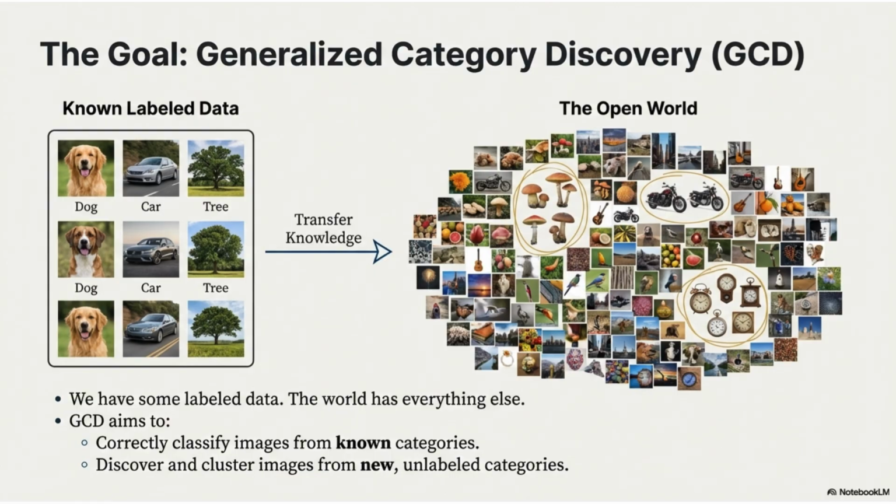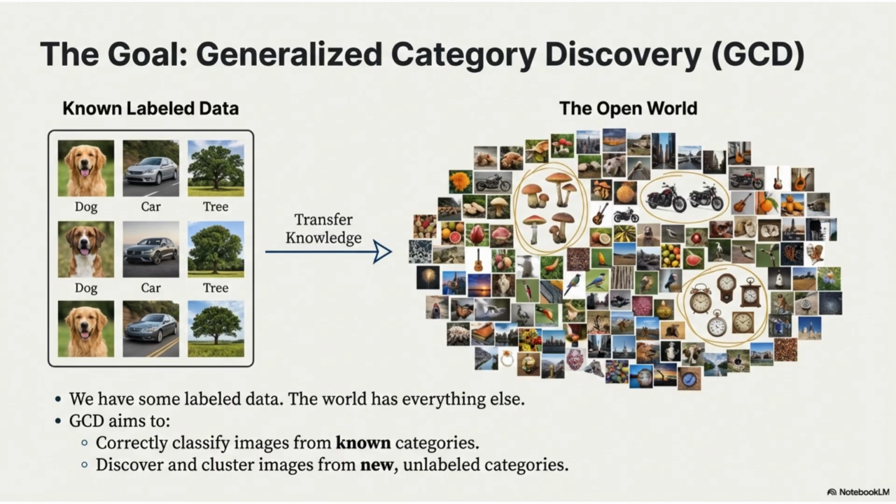First, let's define our problem setting, generalized category discovery, or GCD. In traditional machine learning, we'd often train on a closed set of labeled data, like dog, car, and tree. But the real world is an open world. When we deploy a model, it will encounter images it has never seen before, like motorcycles or new species of birds.